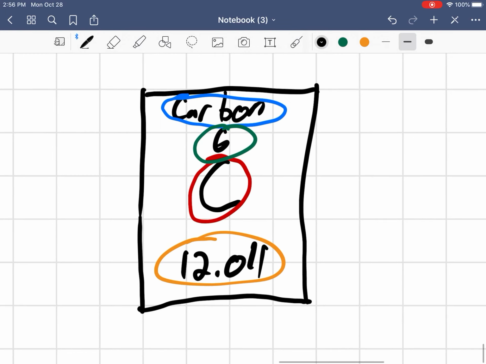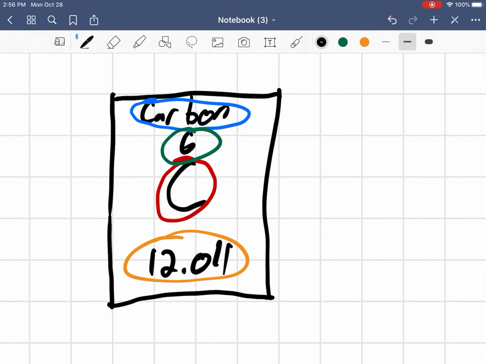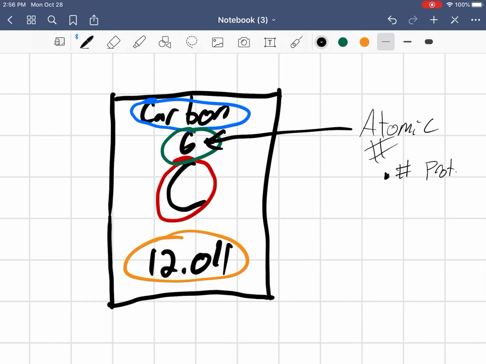Now these different things all represent something else about that atom. So this number, called the atomic number, in fact, let me erase this really quick, and I'm going to write with a thinner pencil stroke. So atomic number, hashtag means number, it represents the number of protons. Okay, we talked about oxygen and gold being different simply from the number of protons.